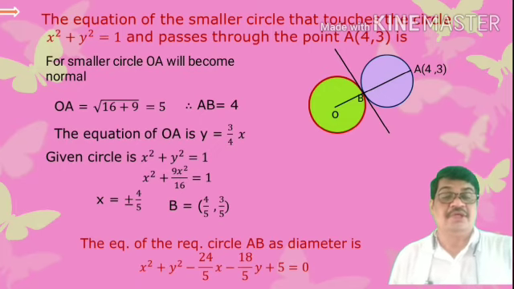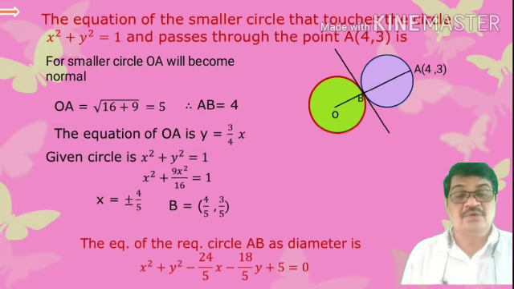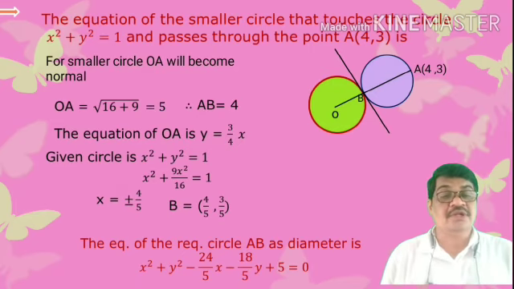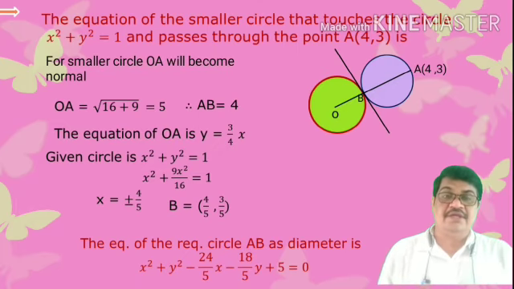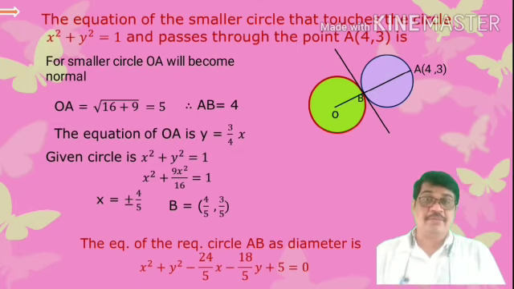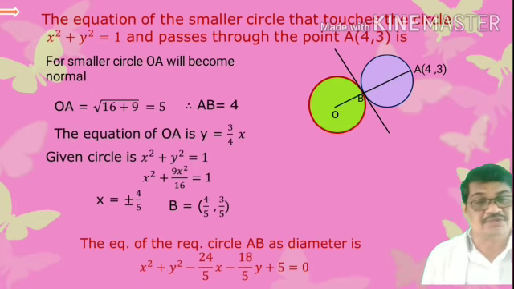So the equation of the required circle with AB as the diameter. The A point is (4, 3) and the B point is (4/5, 3/5). Now we are using the formula for the endpoints of the diameter of the circle, that is (x minus x1) into (x minus x2) plus (y minus y1) into (y minus y2) is equal to 0.